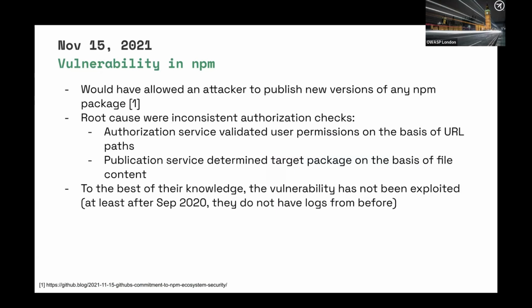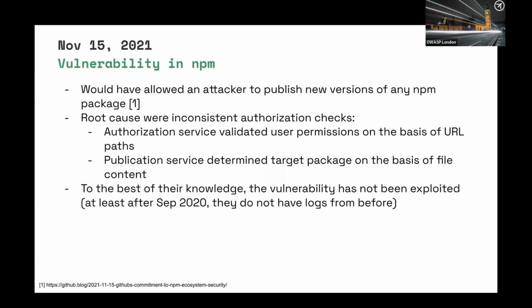No, this is also interesting. NPM. This was a vulnerability again. The root cause of this problem was inconsistent authorization checks. If you uploaded a package to NPM, if you wanted to publish something, the access control checks were done against the package as identified in the URL.